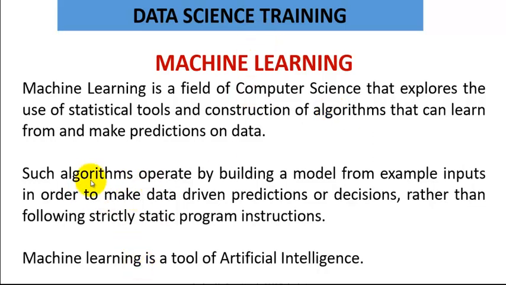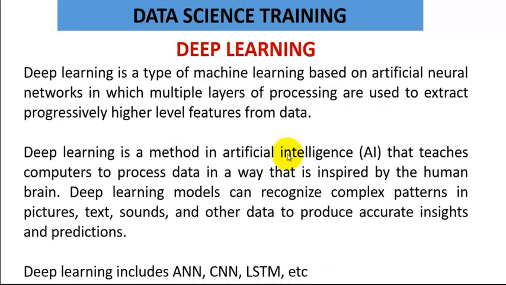You use those algorithms to build a model from input, and you then use your model to make data-driven predictions or decisions. Machine learning is a tool of artificial intelligence. What is deep learning? I'm going to round this section up with deep learning. Deep learning is a type of machine learning.